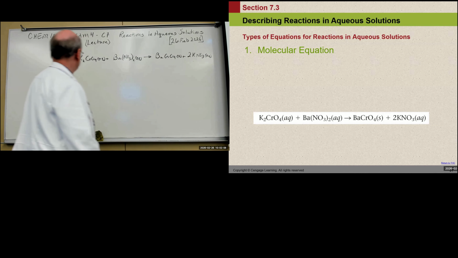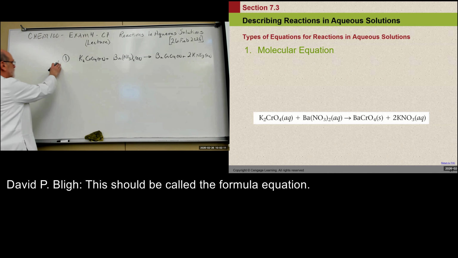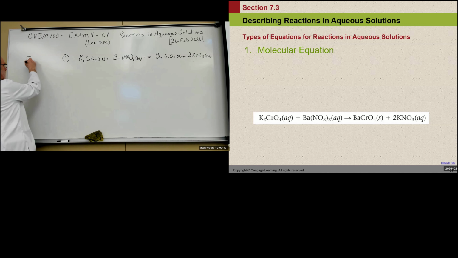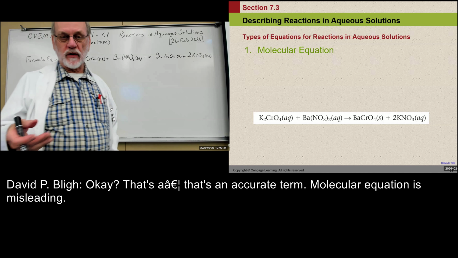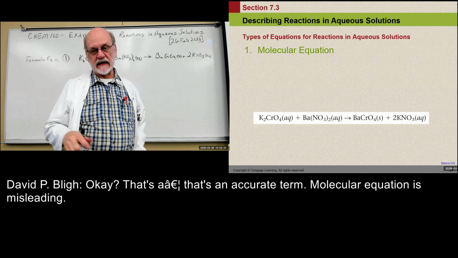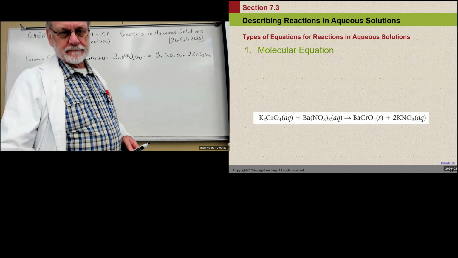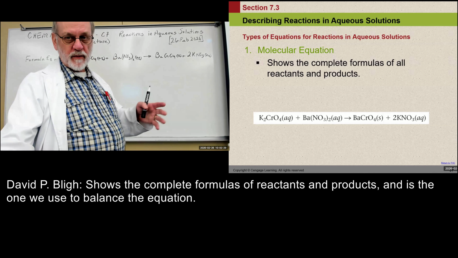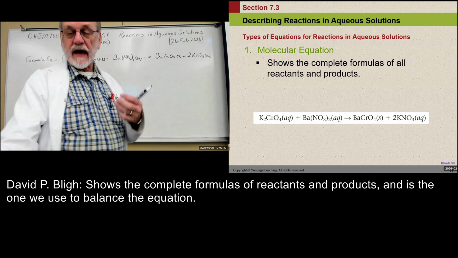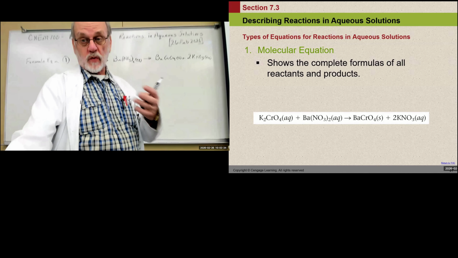Okay? This should be called the formula equation. That's an accurate term. Molecular equation is misleading. It shows the complete formulas of reactants and products and is the one we use to balance the equation.